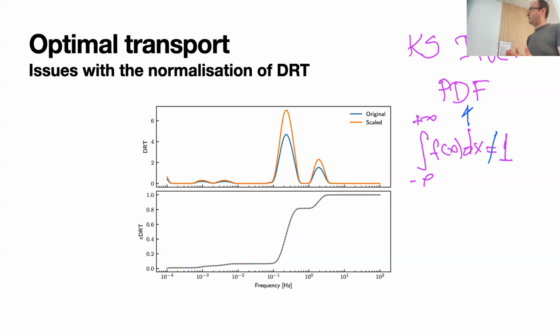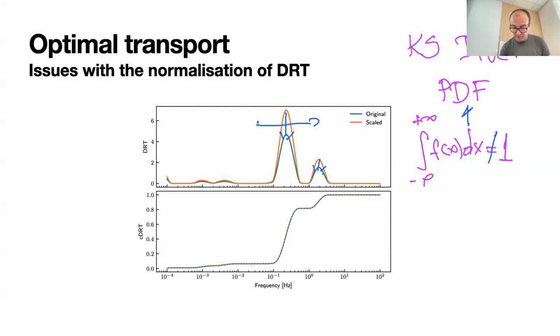When we do a normalization, we actually make an additional problem. Imagine that we have 2 DRTs calculated from 2 consecutive EIS measurements, and the only thing that happened is that a resistance changed. This means that the EIS curves just blow up. In the DRT sense, it would mean that this peak just blows up, this peak just blows up.